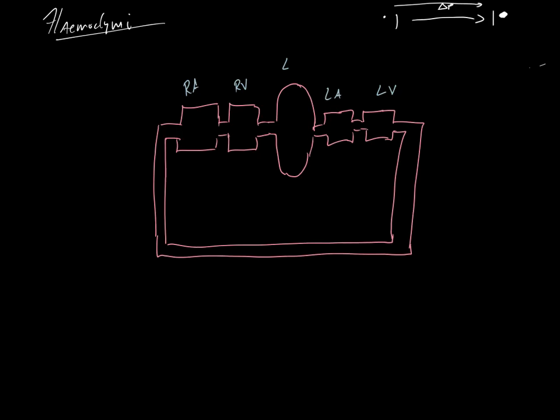And that's going to cause a driving pressure that's going to push the blood in this direction, like so. Anything that affects these pressures is going to increase or decrease that driving pressure, and increase or decrease perfusion through this system. So that's the fundamental way of looking at the circulatory system. It's just a basic circular pumping mechanism.